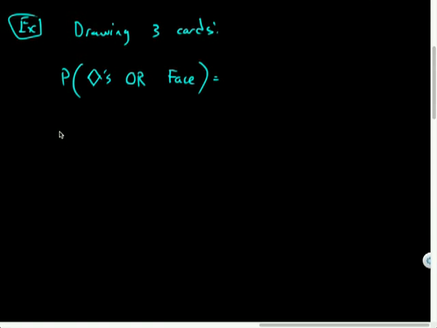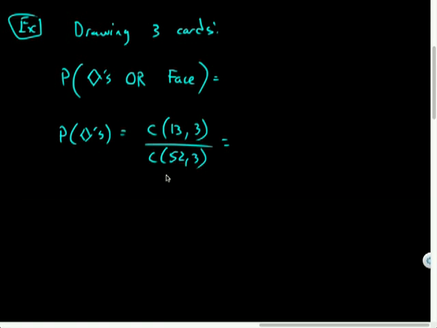So, let's find the separate probabilities first. So, probability of all 3 diamonds. How many diamond cards are there? 13, because that's 1 suit. And I'm selecting 3 over combo 52, 3. And let's see, probability of face cards.